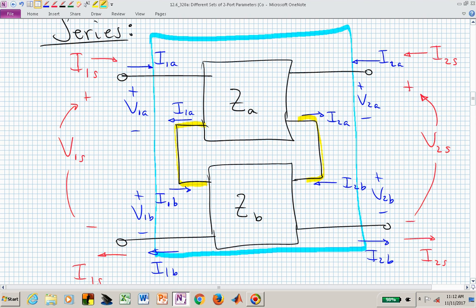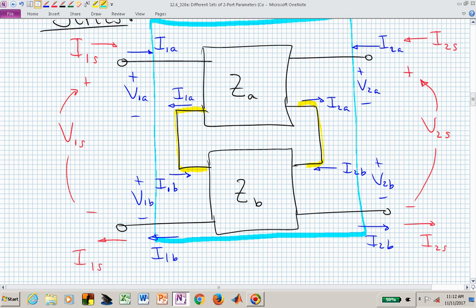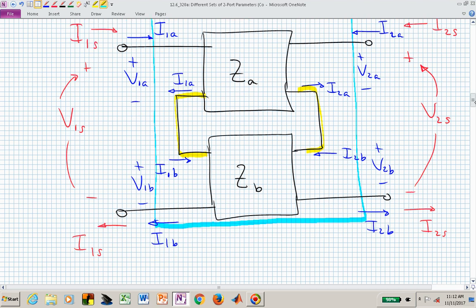We have output currents and output voltages on the 2 side, or on the right side. And now, is there a way to cleanly describe this highlighted blue 2-port in terms of the starting 2 ports that we began with, Z sub A and Z sub B?